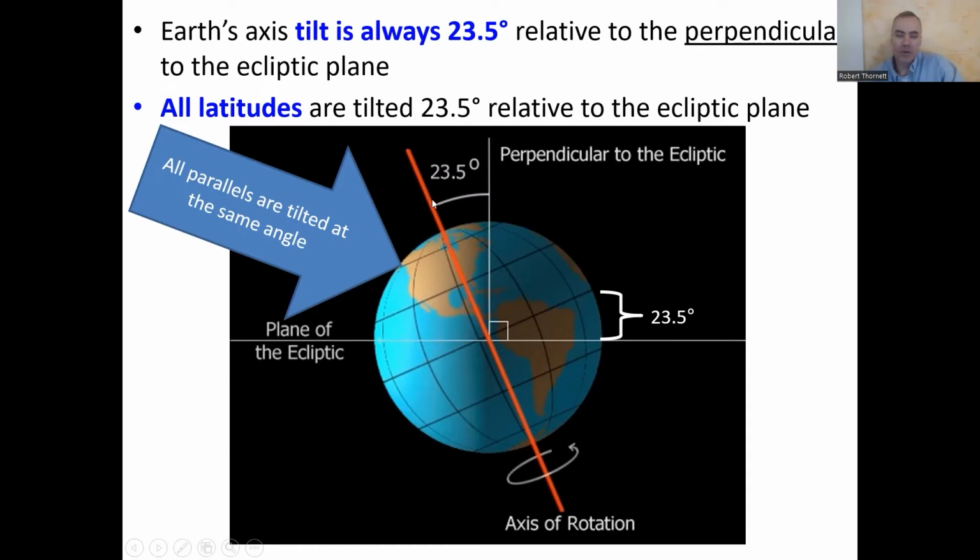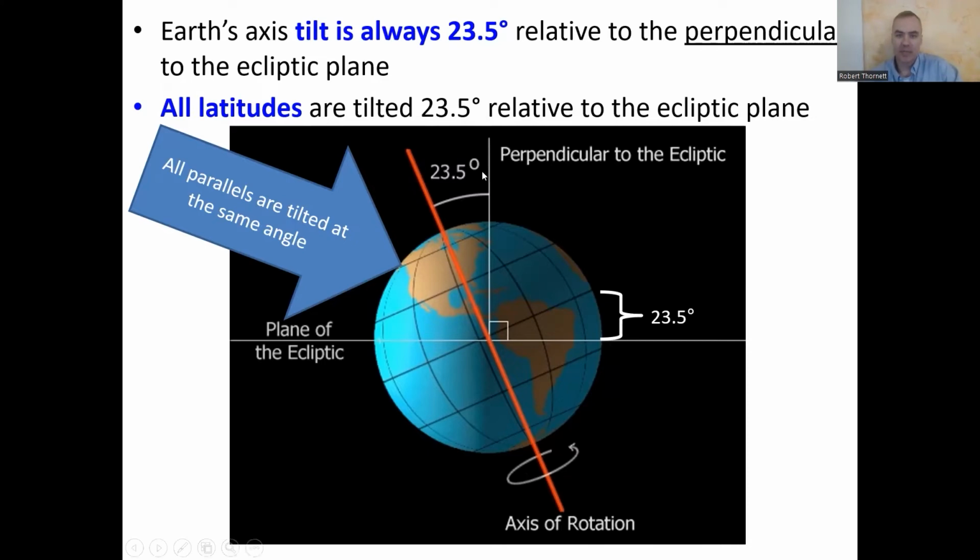That number is very important because 23.5 is going to give us the latitudes of the tropical circles, Tropic of Cancer, Tropic of Capricorn. And then 90 minus 23.5 is 66.5. And that's the number of our polar circles, Arctic and Antarctic circles.